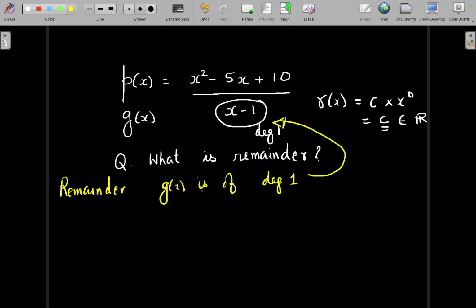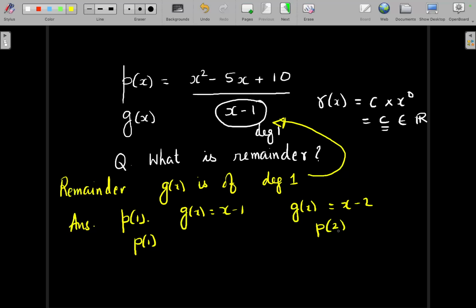The answer to this question is that it is simply p of 1. Once again, if g of x is equal to x minus 1, then it will simply be p of 1. And just to tell you, if g of x is, let's say, x minus 2, then you just have to do p of 2.